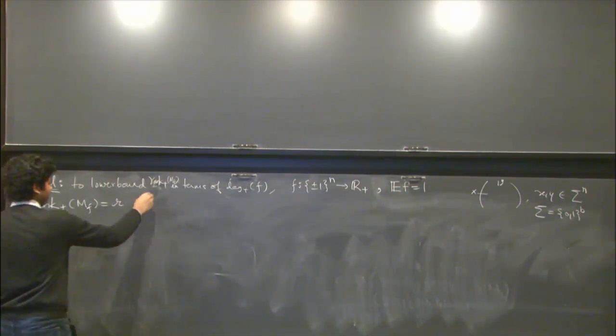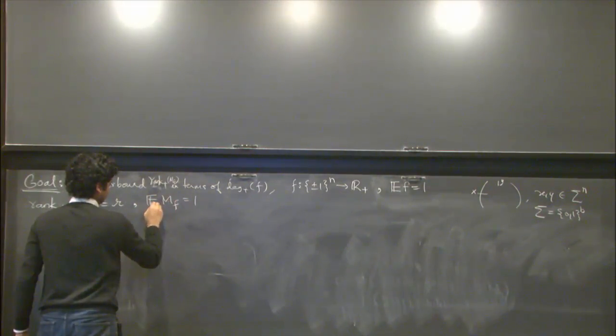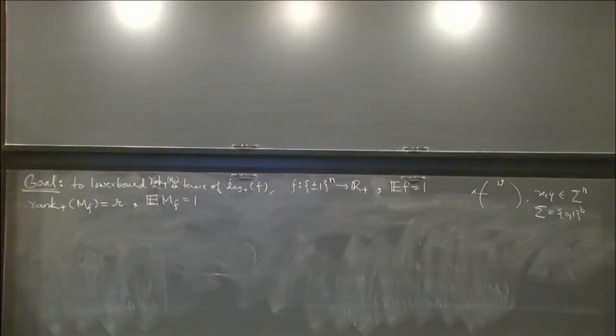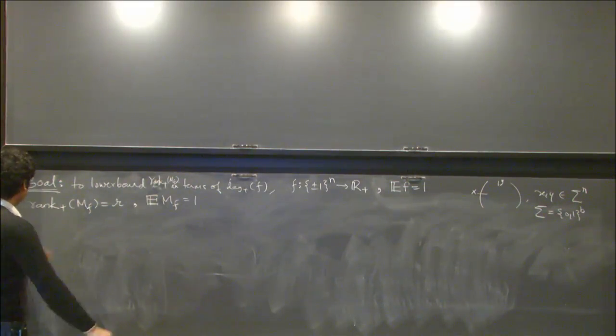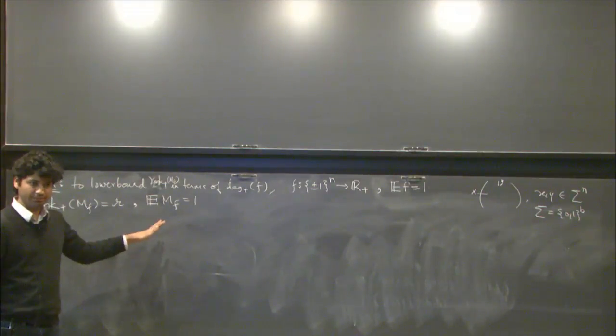Similarly, I make the matrix have expectation 1, by rescaling or whatever. Now suppose the non-negative rank of MF is low, some small r. I want to somehow relate it to the degree of the function f.